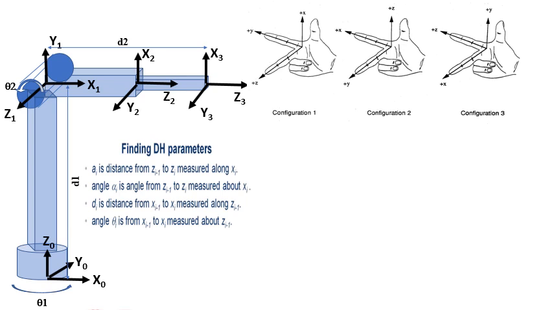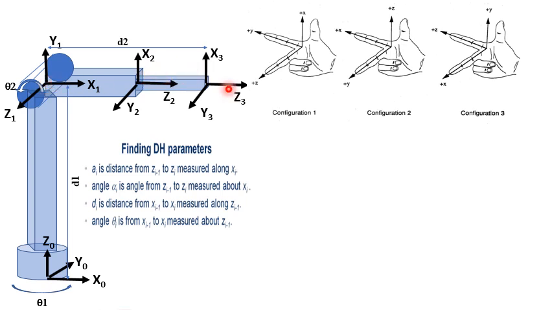Now, as you know, for the DH convention, we have to make sure that x2 should be perpendicular to both z1 and z2. Unless we shift this second frame and coincide it with the first frame, this cannot happen.